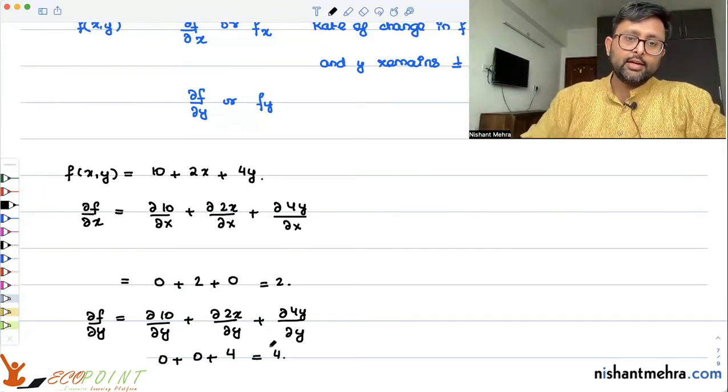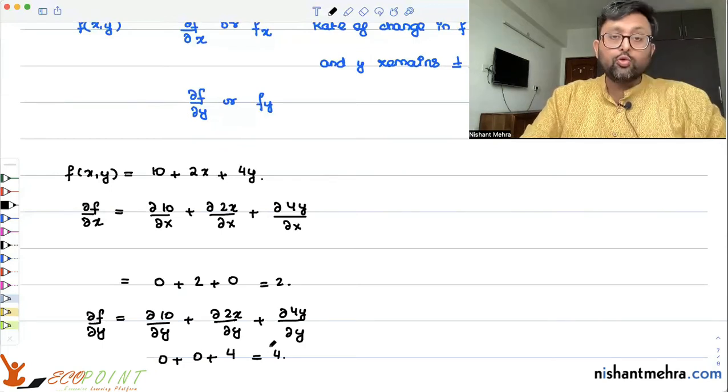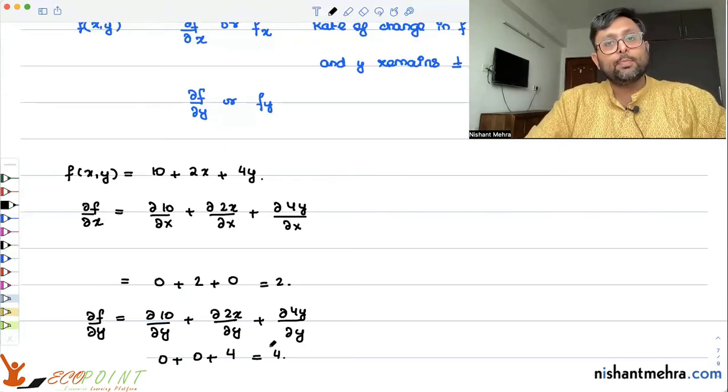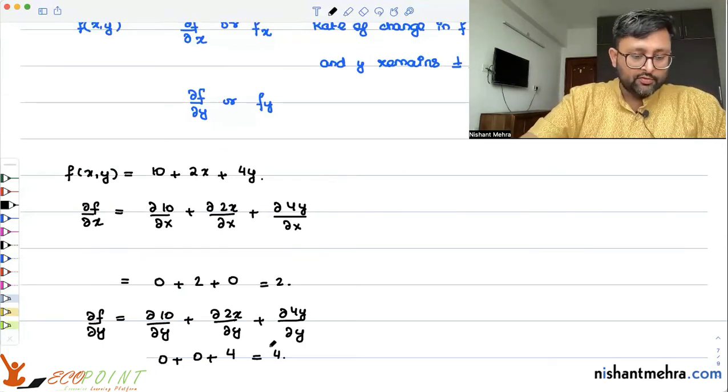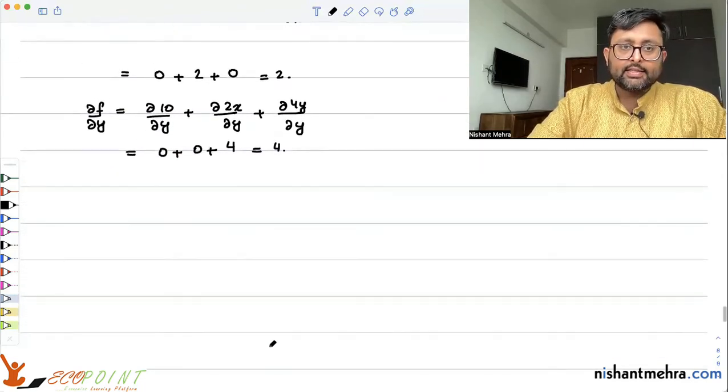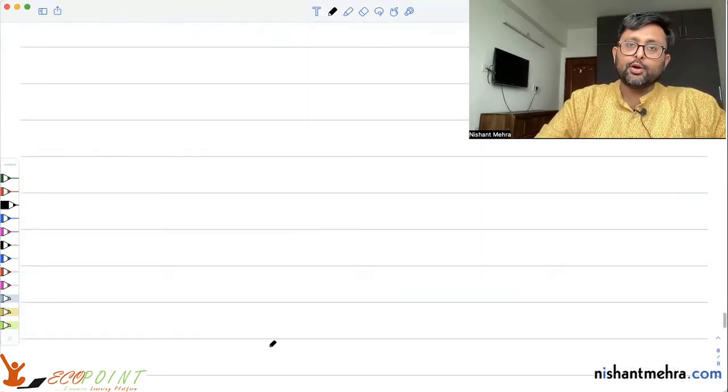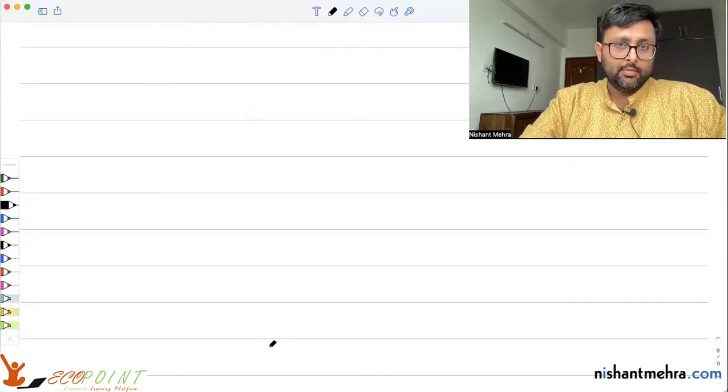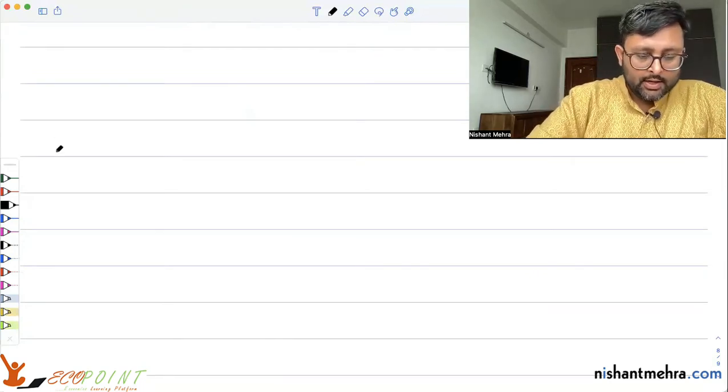One thing you should understand is that all rules of differentiation also apply to partial differentiation. The only thing is that at a given point of time, you're changing only one variable, keeping all the others constant.